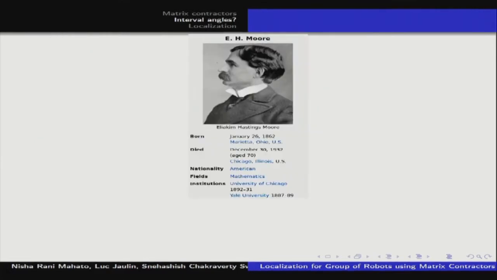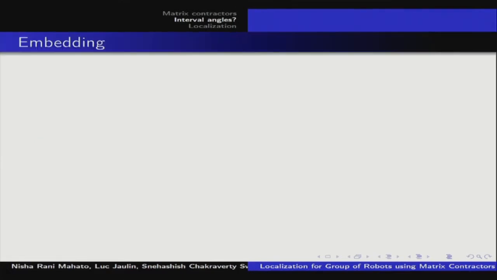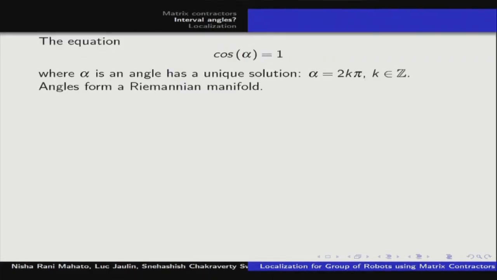Okay. So now when we work with angles or quaternions or things like this, we have this kind of Riemannian manifold, and to understand this, I propose to see how we can solve this equation. And I know that alpha is an angle. So alpha is not an element of R, it is an angle.